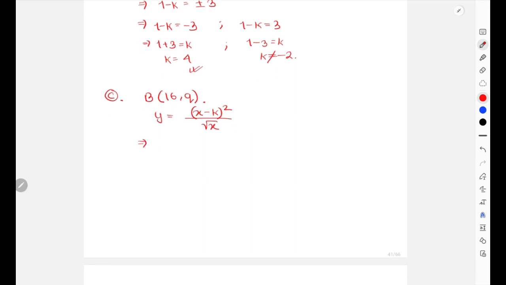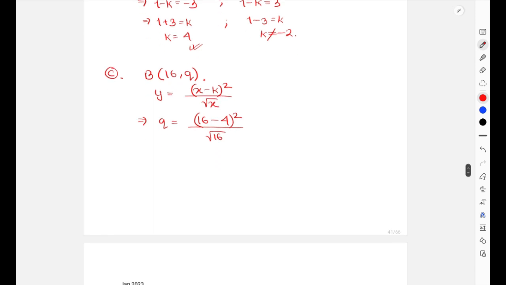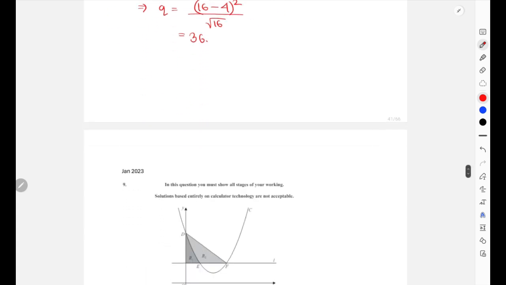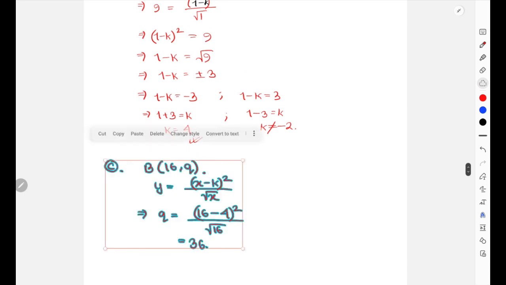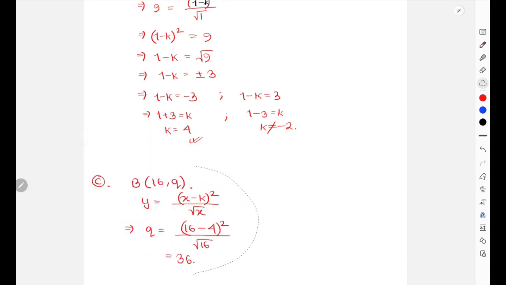So instead of writing y, I'll write the y coordinate of point B, which is q, and this will be 16 minus 4, everything squared, times root 16, which is 36. Since I do not have much space, I will try to squeeze all these things into one part.